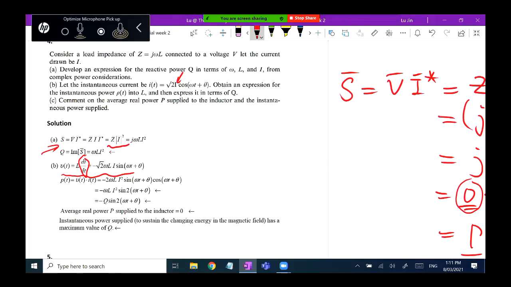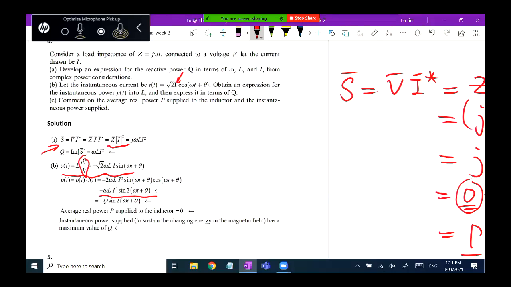So this part should be pretty simple. The next step, calculating the instantaneous power, is just the product of voltage and current. The solution shows the calculation, which is very easy, so I don't want to spend time in the session discussing such a simple calculation. After this step, we derive the second step, which is given here.